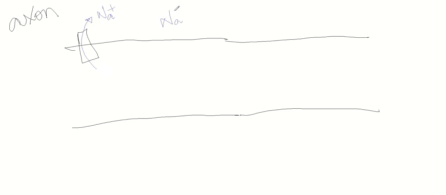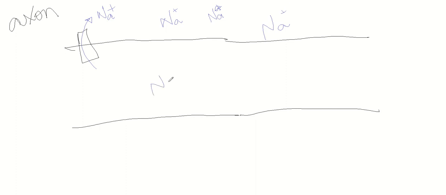And remember that long time ago, we learned about the sodium-potassium pump. Its job was to send sodium ions out of the cell so that we end up with lots of sodium out here, Na plus.